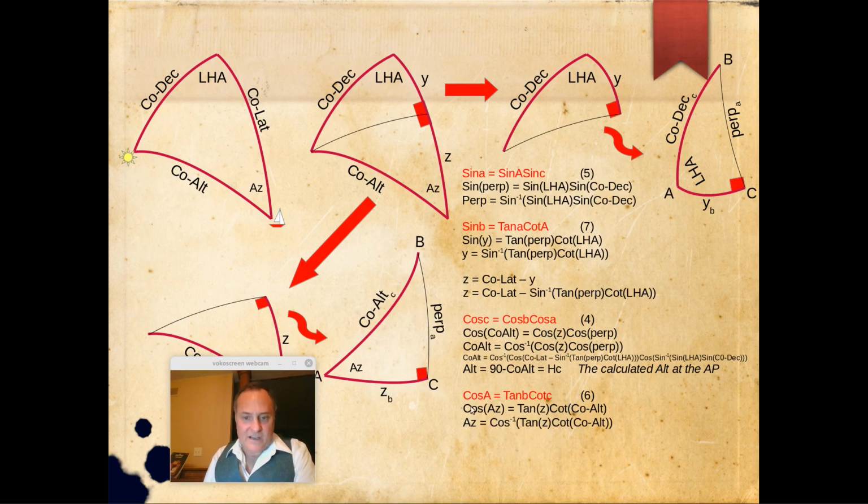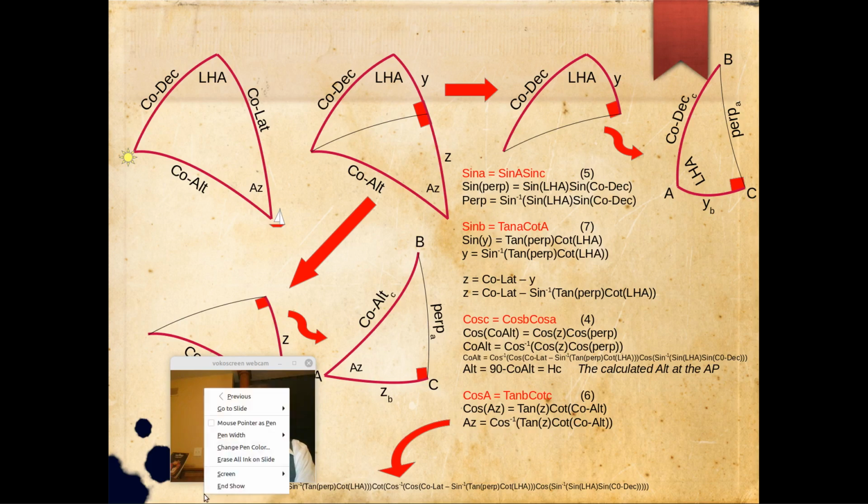And we take the anticosine to isolate the azimuth, and so the anticosine of all of this in the previous side equation. And then when we fill in the tangent of z, well, z is all of this, and the cotangent of the coaltitude is all of this right here. This equation gets way out of control.